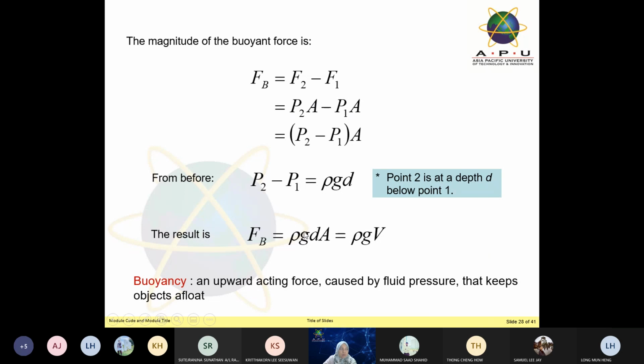So P2 minus P1 is equal to rho g d. If one of the parameters is missing, you can find it. So the result is rho g d multiplied by A equal to FB, the buoyant force. Buoyancy is an upward acting force caused by fluid pressure that keeps an object afloat.